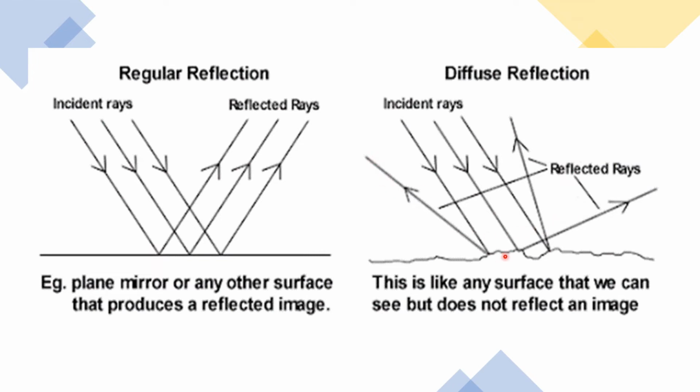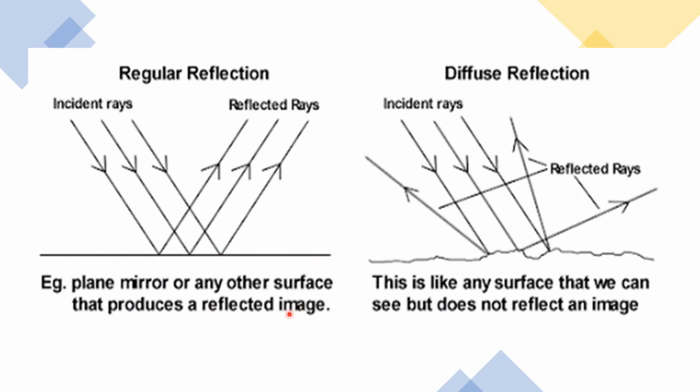This is like any surface that we can see but does not reflect an image. This is called irregular reflection. Irregular reflection occurs on rough surfaces, whereas regular reflection occurs on plain smooth surfaces.